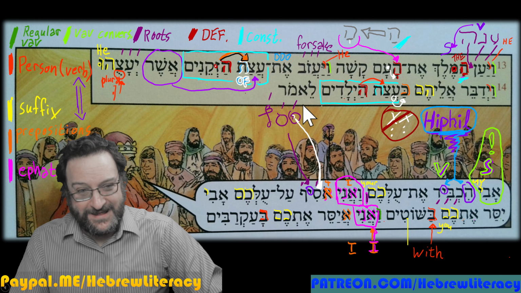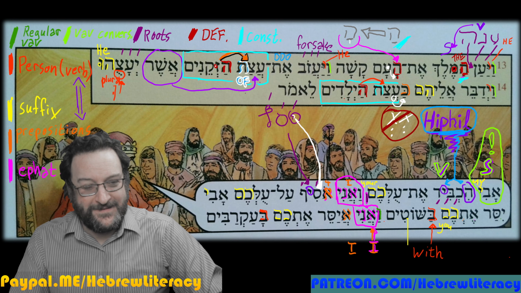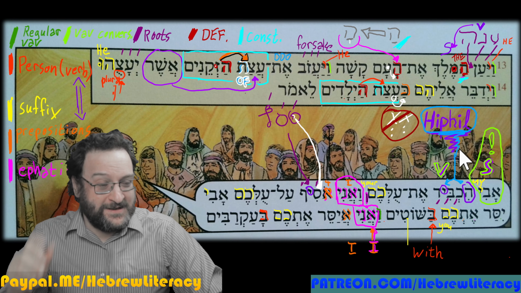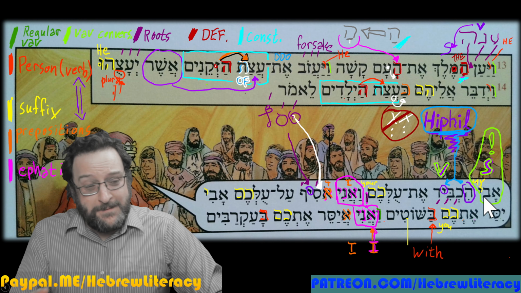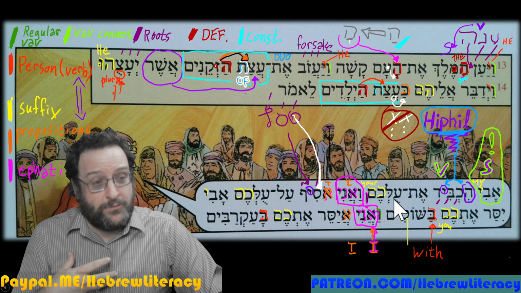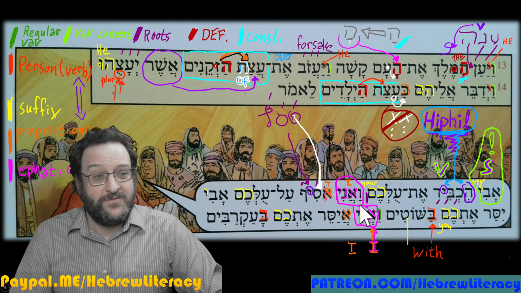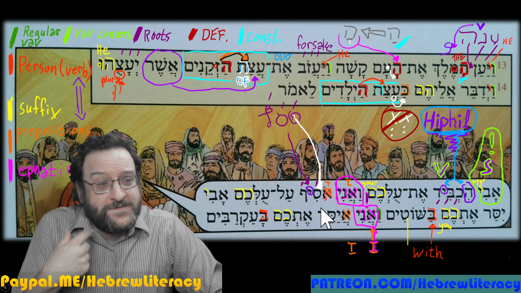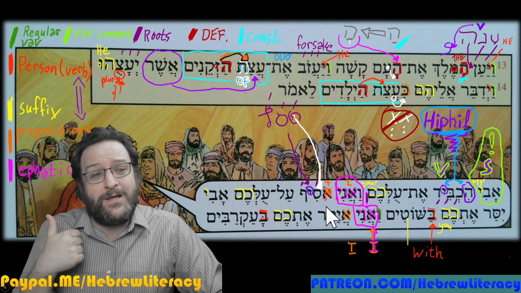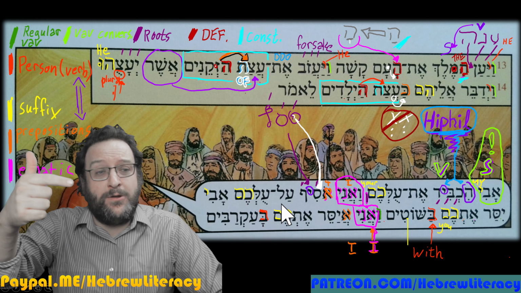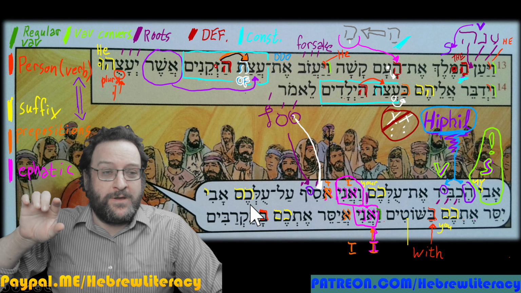I just love again how that narrator puts it. Wow, really feels deja vu. Oh, because we talked about the yeladim in earlier verses. Avi, my father, hichbid et orlechem, made heavy your yoke. Vo'ani, osif, but I myself will add al-ulechem, your yoke.